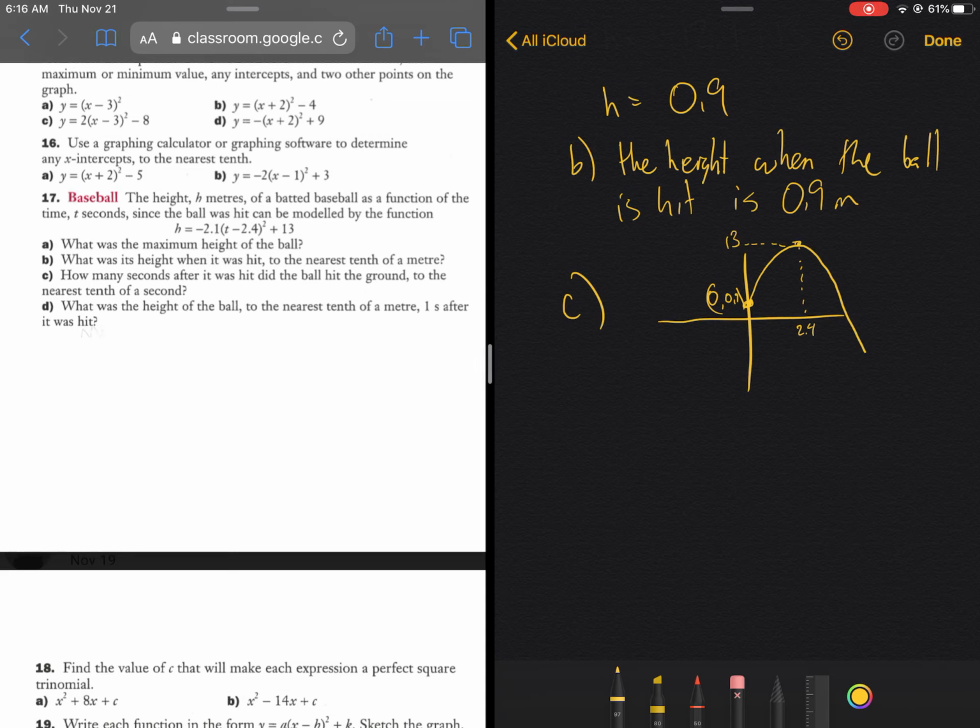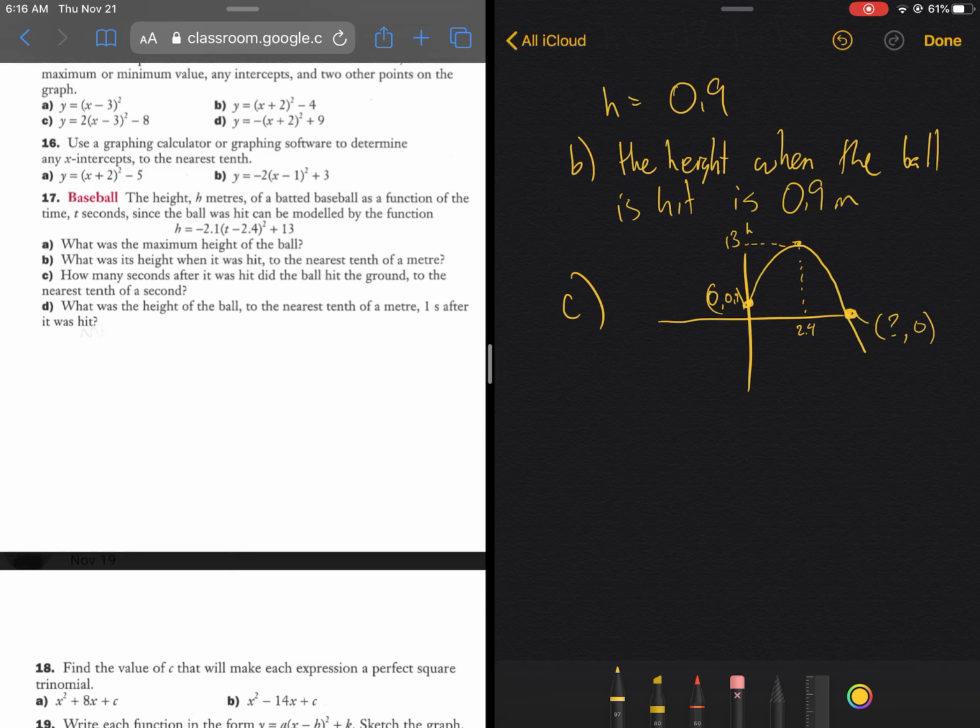That's what we know so far. We want to know what this value is. We know that the h value, the height, the y value, is 0. The height is 0. What is the t value?